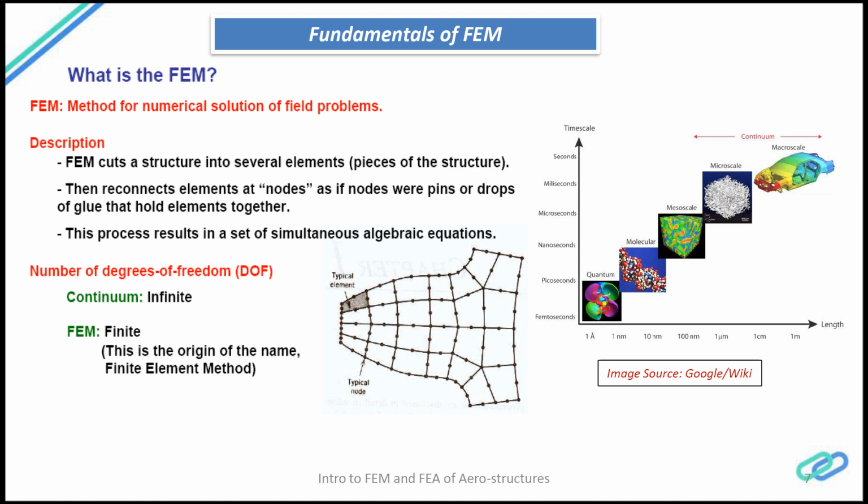That's why the polynomial equation is called a piecewise polynomial function. A complex or big structure might have infinite degrees of freedom. With proper selection of elements and breaking down into a defined number of elements, we are bringing the infinite degrees of freedom down to finite degrees of freedom.